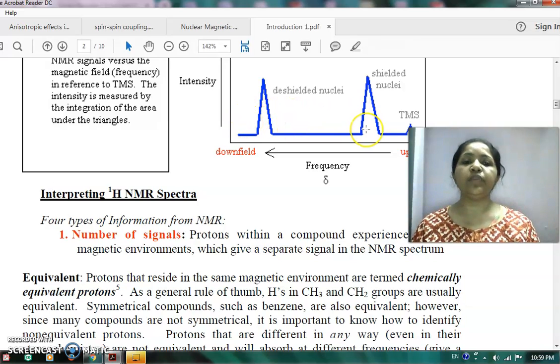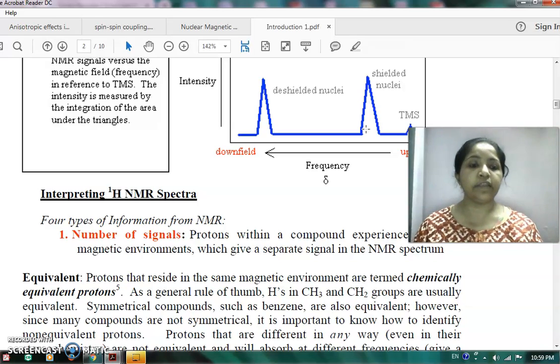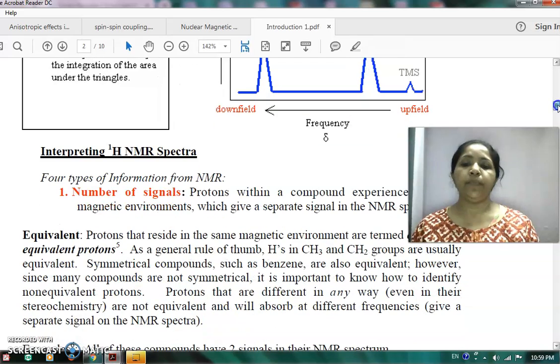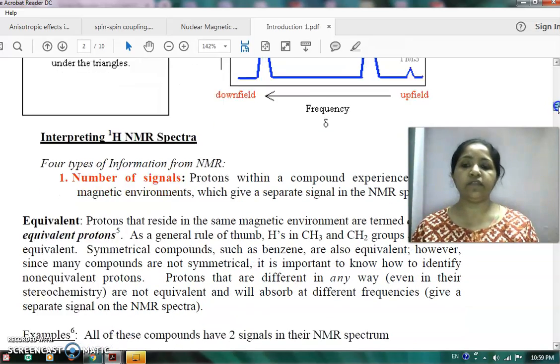So the first interpretation is that we have in the molecule hydrogens of two different environments, or two chemically non-equivalent protons are there. Okay, so that is the first information.